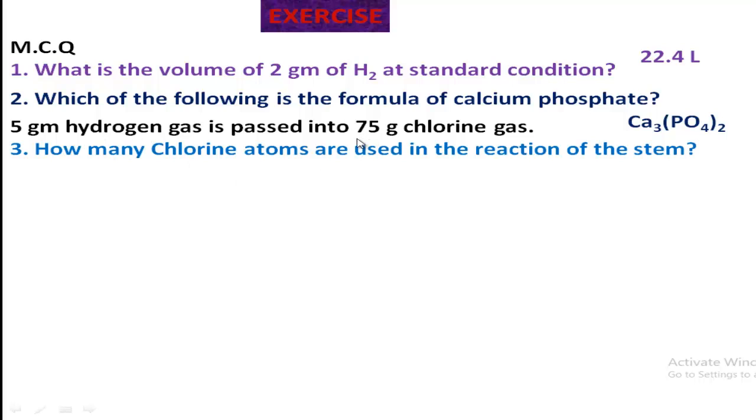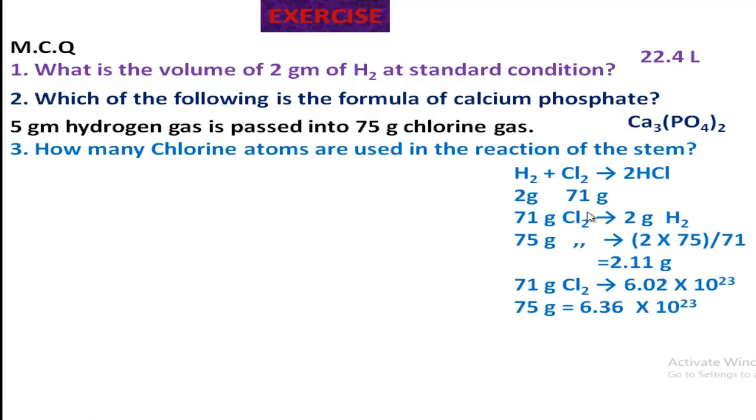If it is the limiting reactant, then directly you have to convert this 75 gram using Avogadro's number, and find out the number of chlorine atoms. But if it is not the limiting reactant, then you have to determine the used amount. So let's see the solution.